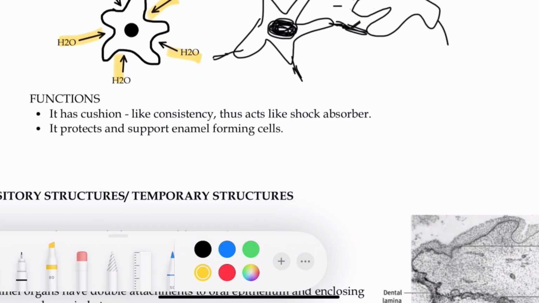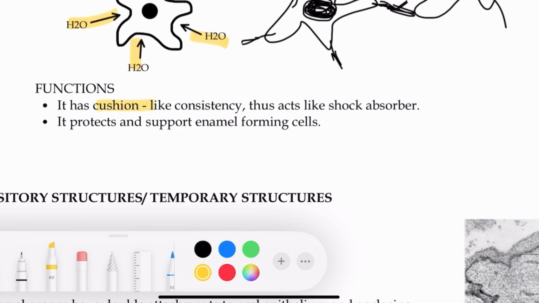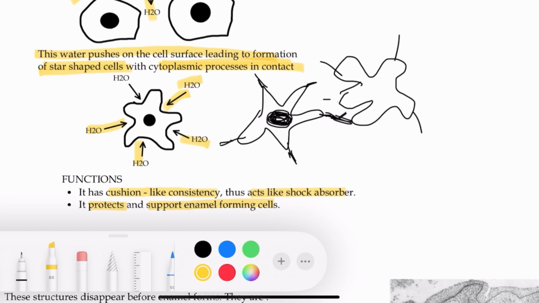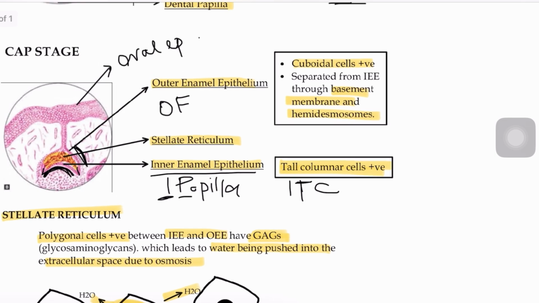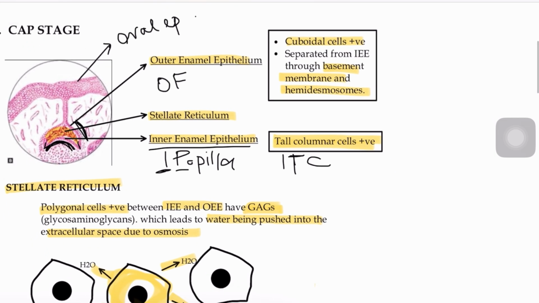What are the functions of stellate reticulum? It has a cushion-like consistency, thus it acts like a shock absorber. It protects and supports the enamel-forming cells. These two you have to remember, and it's very easy to remember. And this is the only cell which will have all these functions. So, back to the basics again. Which stage are we talking about? We're talking about the cap stage.